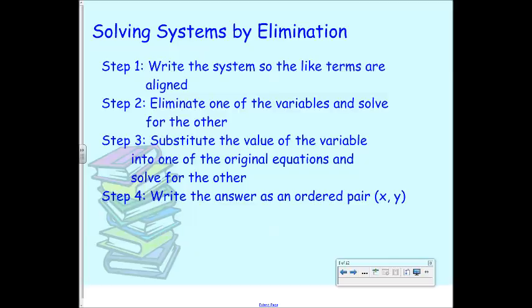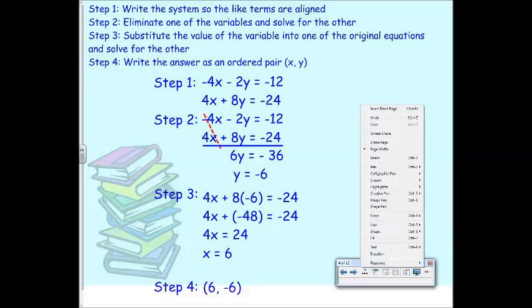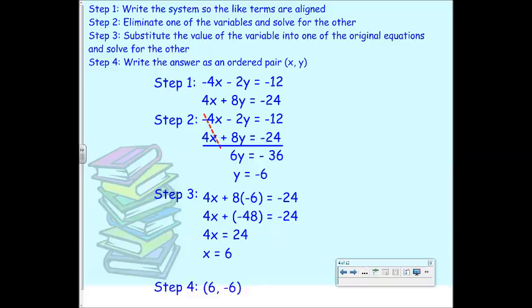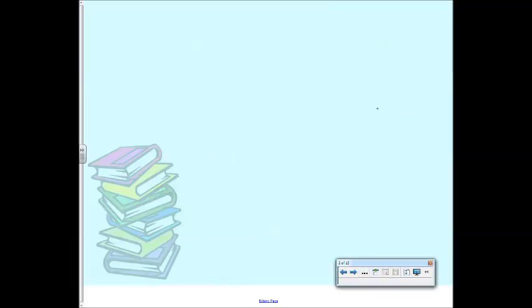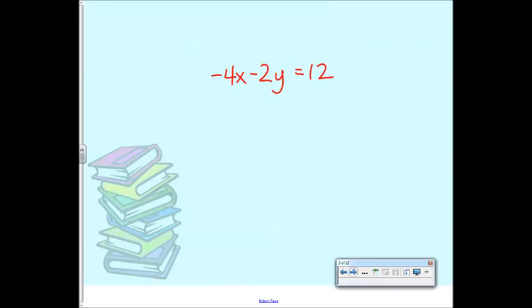So let's take a look at another example problem. All right, so I'm going to put this on a blank page. Negative 4x minus 2y equals negative 12. Okay, here are my two equations in my system of equations.